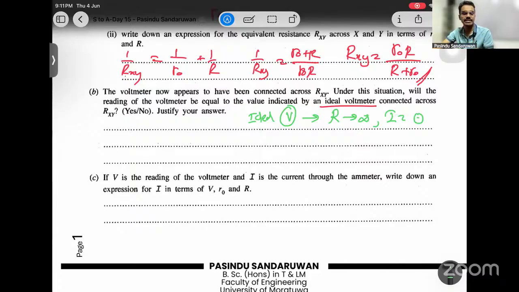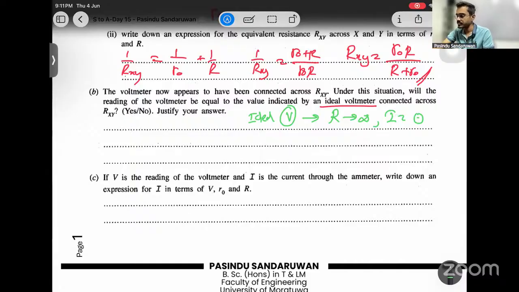That's the exact reason why we use a potentiometer as a precaution, to avoid voltmeter error. So in the ideal case, the internal resistance of the voltmeter is infinity, and when it is infinity, no current flows through the voltmeter.